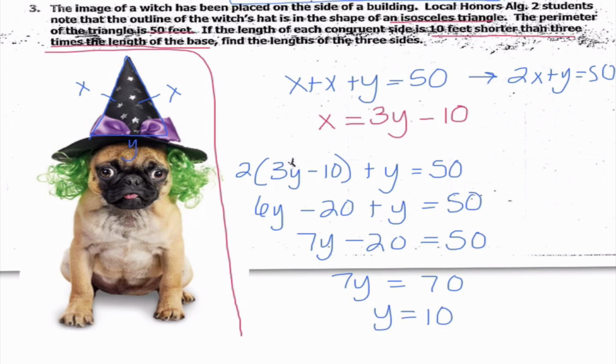So now if I have y equals 10, I can substitute that into our other equation. So I get 3 times 10 minus 10. So I get 30 minus 10, which is 20.